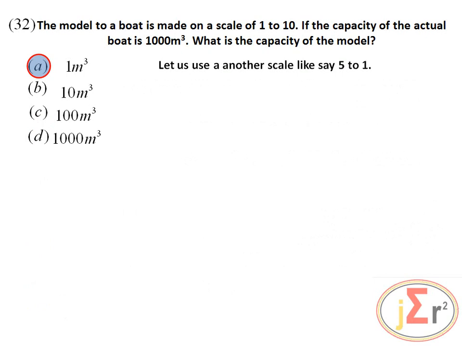Now, let us use another scale, say 5 to 1. We will just take another look at another scale to see if we have a general relationship developing between the scale of the actual dimensions and the scale that will relate the volumes.